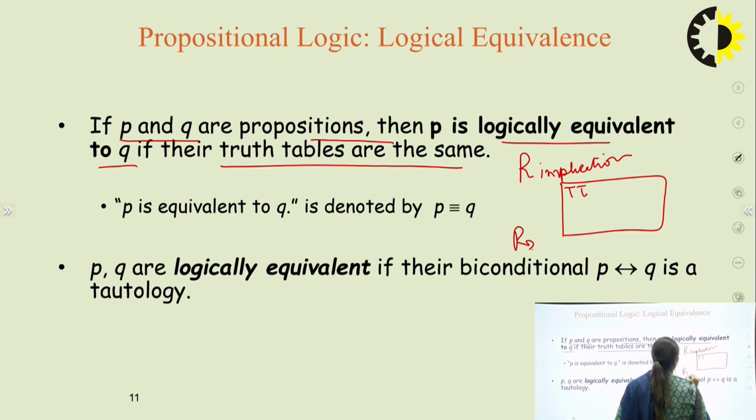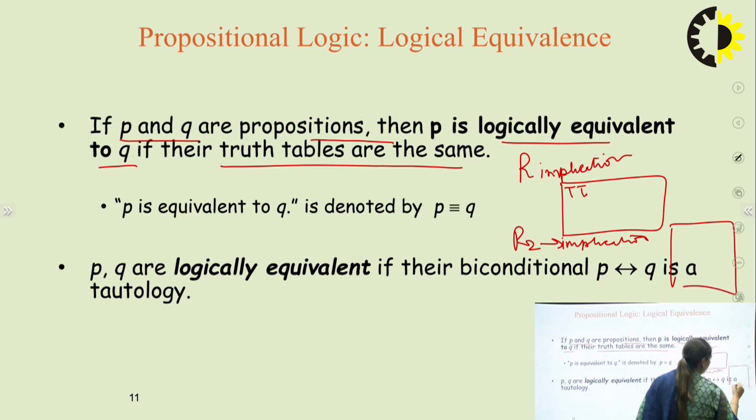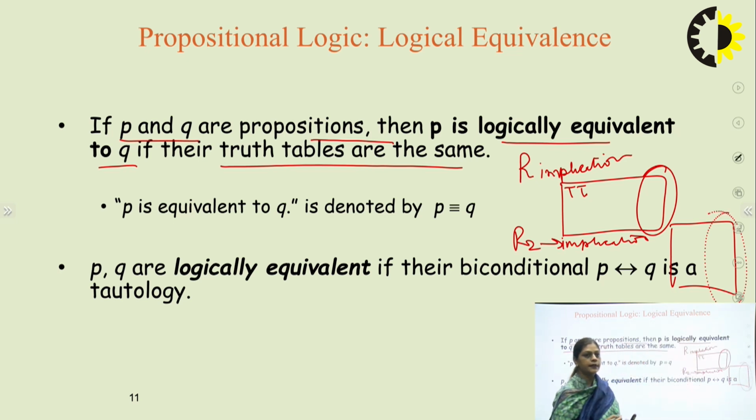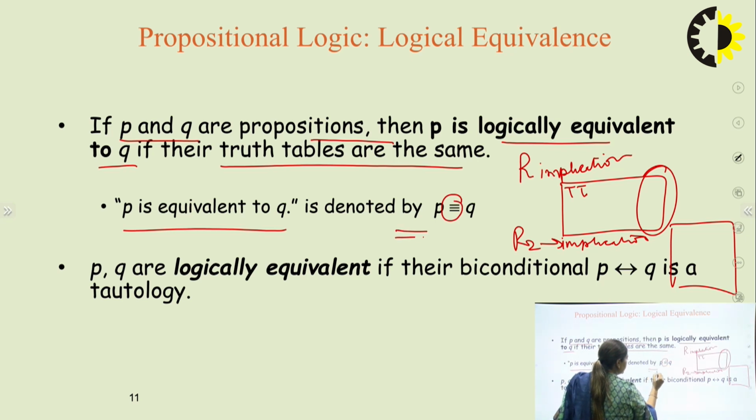Then R2 is another implication, we draw a truth table of it also, right? If the output of this and the output of this have the same values for the same inputs, then this is called an equivalent relation, right? Logical equivalence. Now, P is equivalent to Q is denoted by this symbol, three lines, which symbolizes logical equivalence.